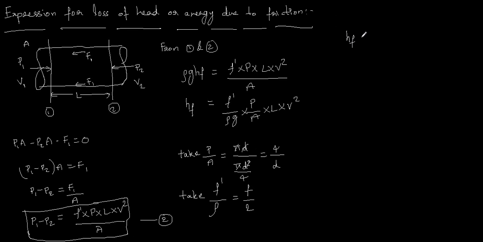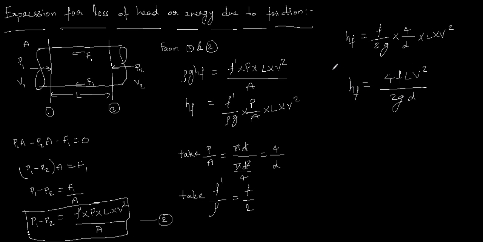So hf can be written as f dash by rho, which we already got as f by 2, g is already there, so 2g, into P by A, which can be written as 4 by d, into L into V square. Finally we can write it as 4FLV square by 2gd. So this is the equation which represents loss of head due to the friction.